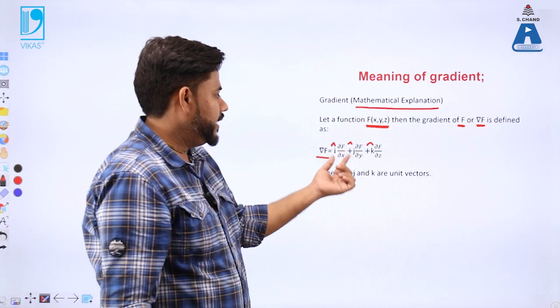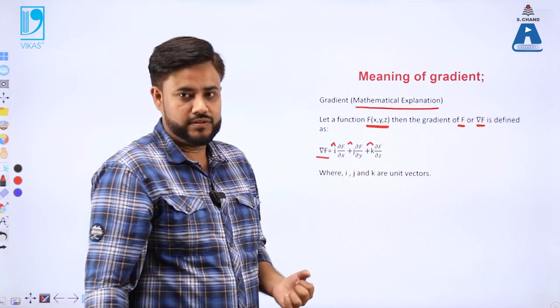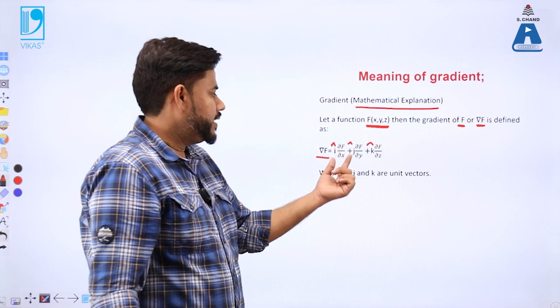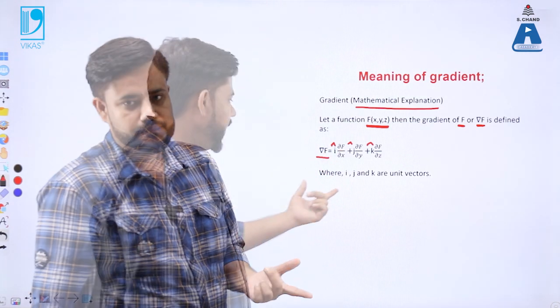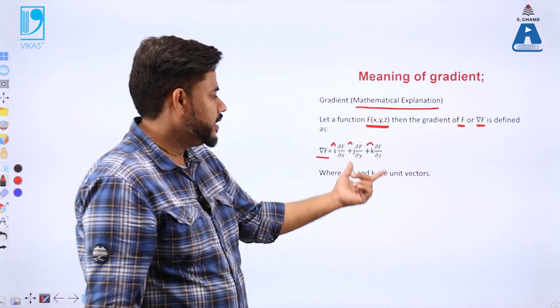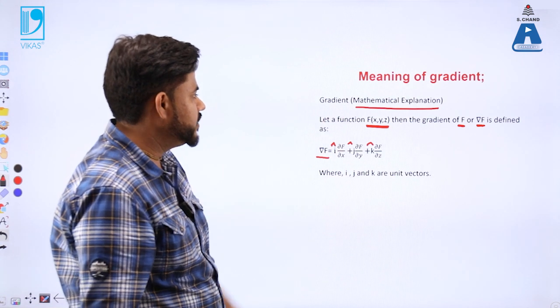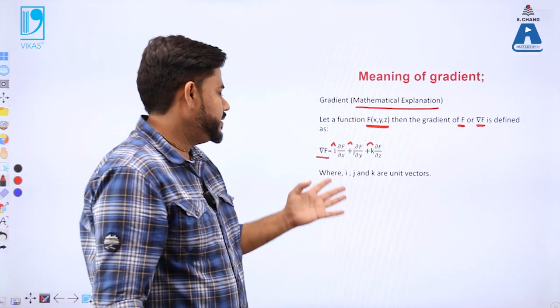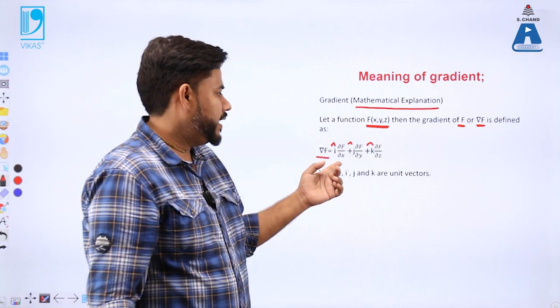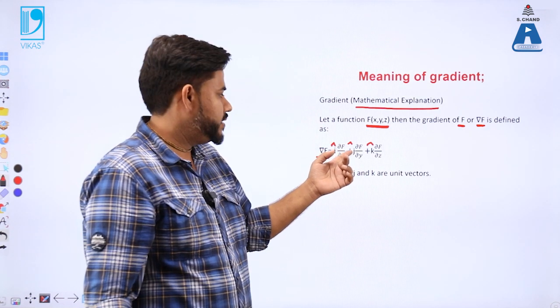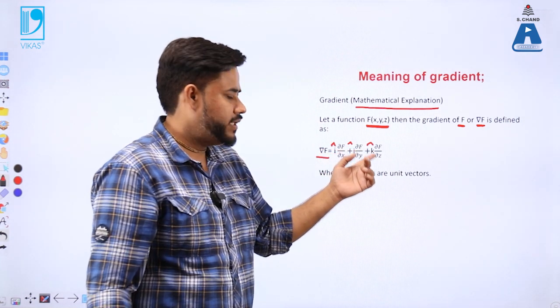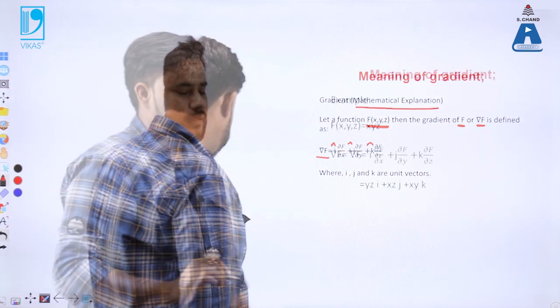Why this del is there, I will answer that question, but del indicates the partial derivatives. I, j, k are the unit vectors. So mathematically the gradient is expressed as i del by del x of the function plus j del by del y of the function plus k del by del z of the function.